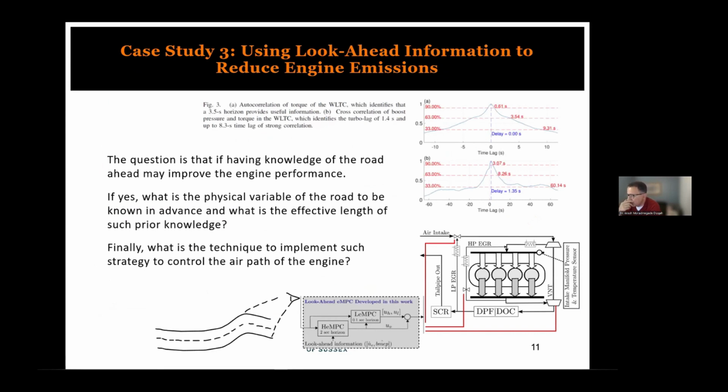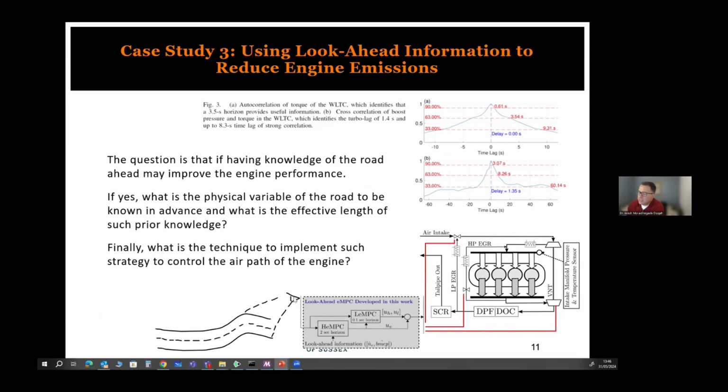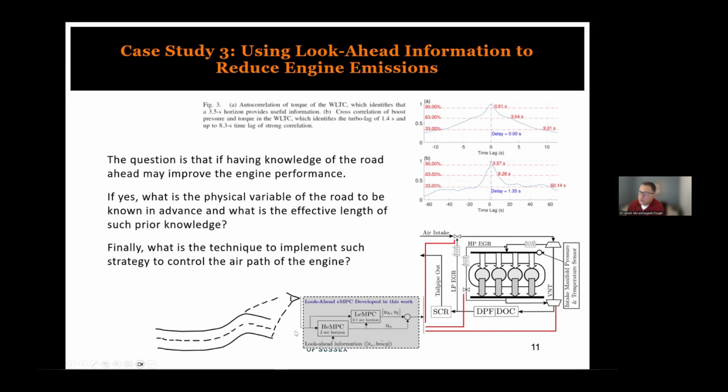The third problem that we attacked was whether any look ahead information from the road can help us to improve or reduce the pollution of the engines. So if I have a camera, as you can see here, that can see a part of the road ahead of the vehicle and use that information to improve the control of this engine, would it have any effect on the efficiency of the engine, particularly in terms of pollution?